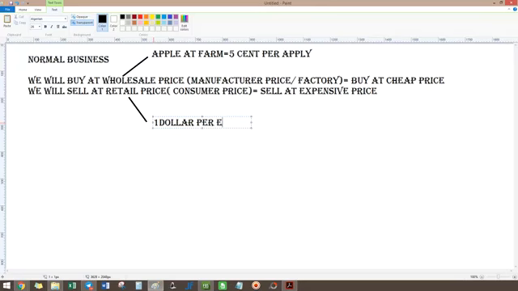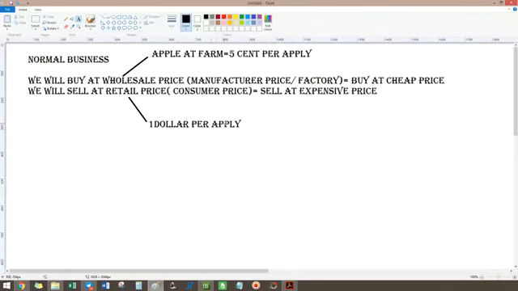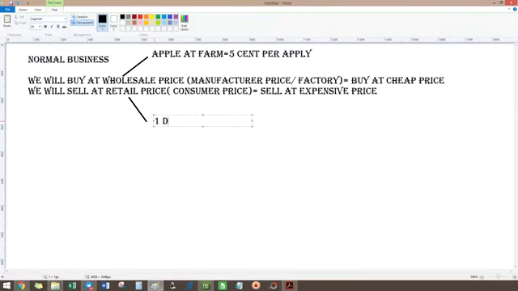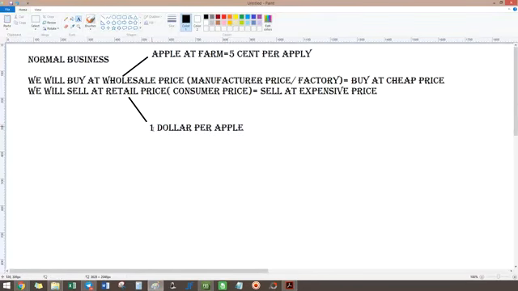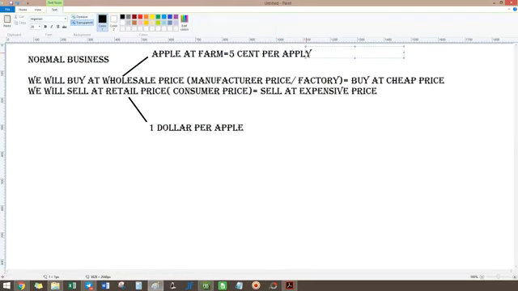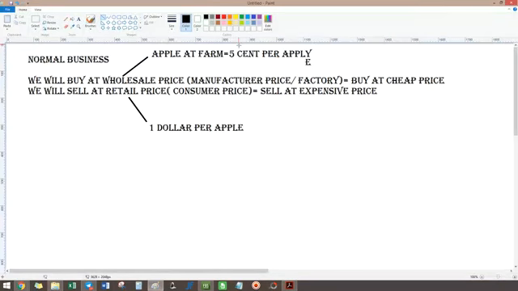Very expensive. I do not know the apple price in your country, but this is just an example. So you as a consumer will buy the apple for $1, but the retail shop owner will go to the farm and buy it for only 5 cents per apple. Sorry, apple, not apply.